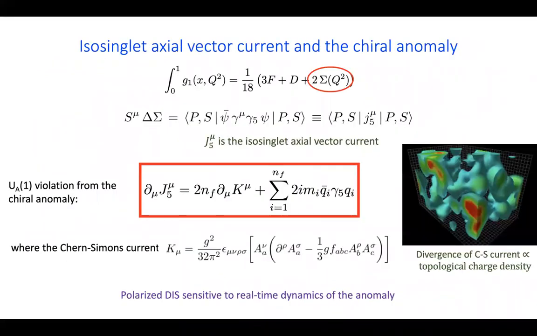Okay, so what I was saying is that this sigma here, the isosinglet part of G1, so remember in the parton model, it's just the sum of the isosinglet sum of the quark projected one way or the other way in the proton. So this sigma times the spin 4-vector is nothing but the isosinglet axial vector current in the polarized proton.